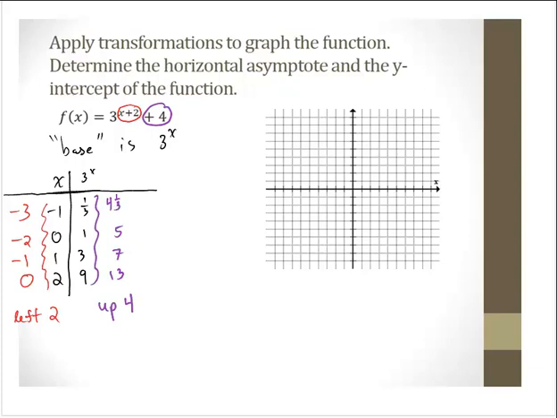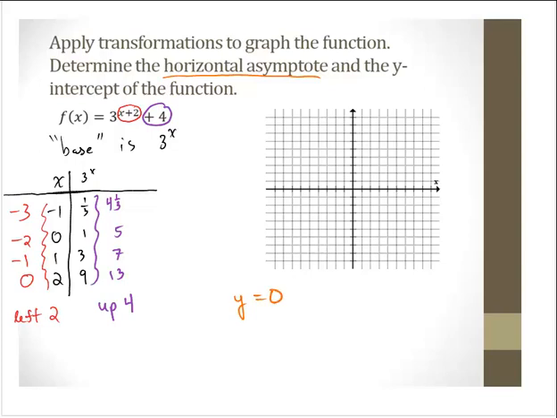I'll think of a mixed number here. Now, also, it says horizontal asymptote. Where's the horizontal asymptote? Well, the regular horizontal asymptote is the x-axis, right?